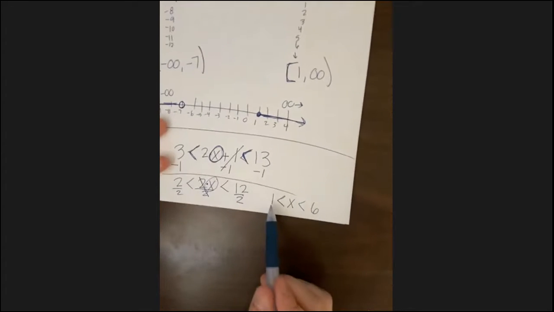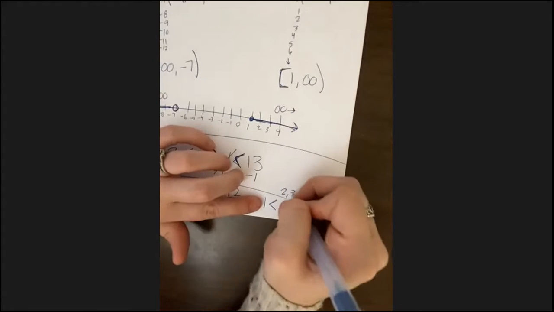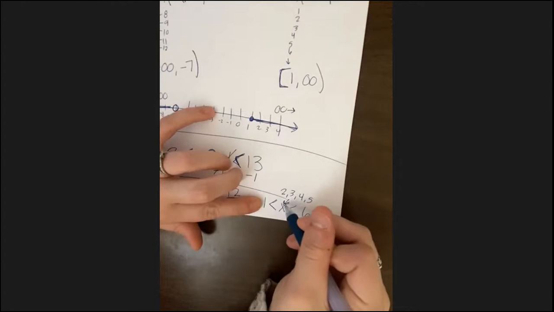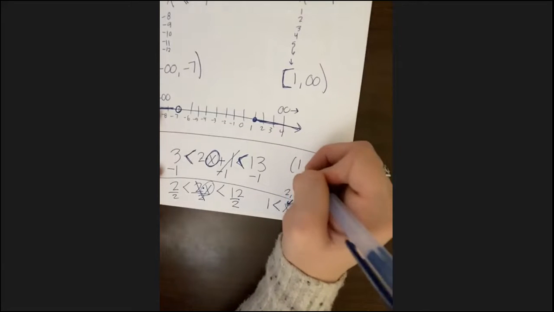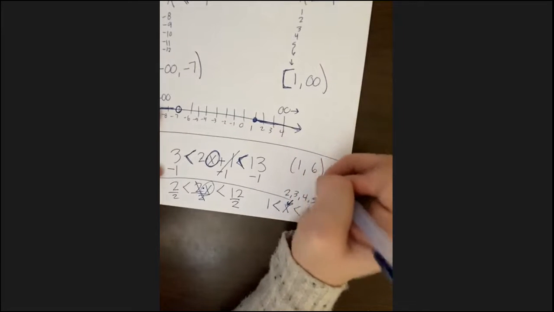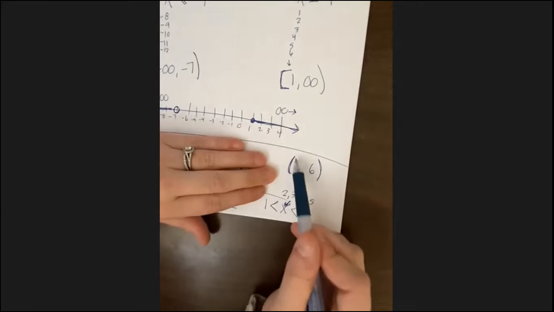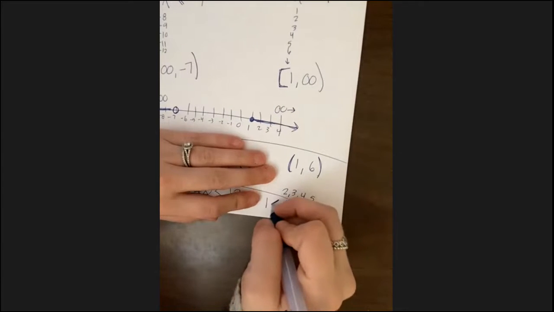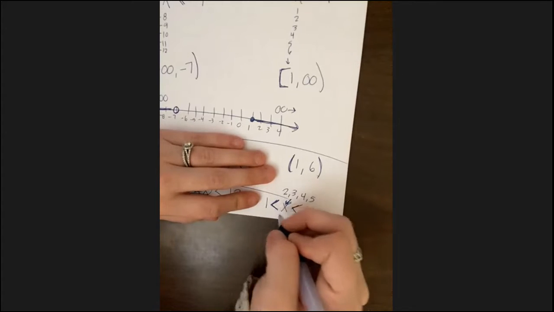And you see there's only a set amount of numbers that fit in here, right? Only 2, 3, 4, and 5 will fit into here. So the interval notation for this one would be 1, 6, both with parentheses, because it's only a greater than, less than sign, not less than or equal to.